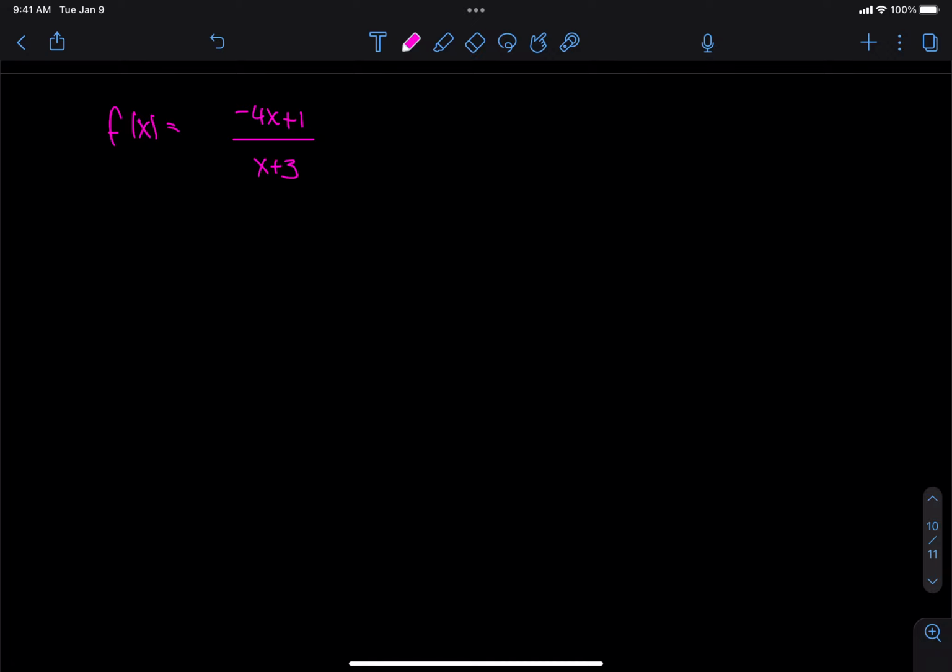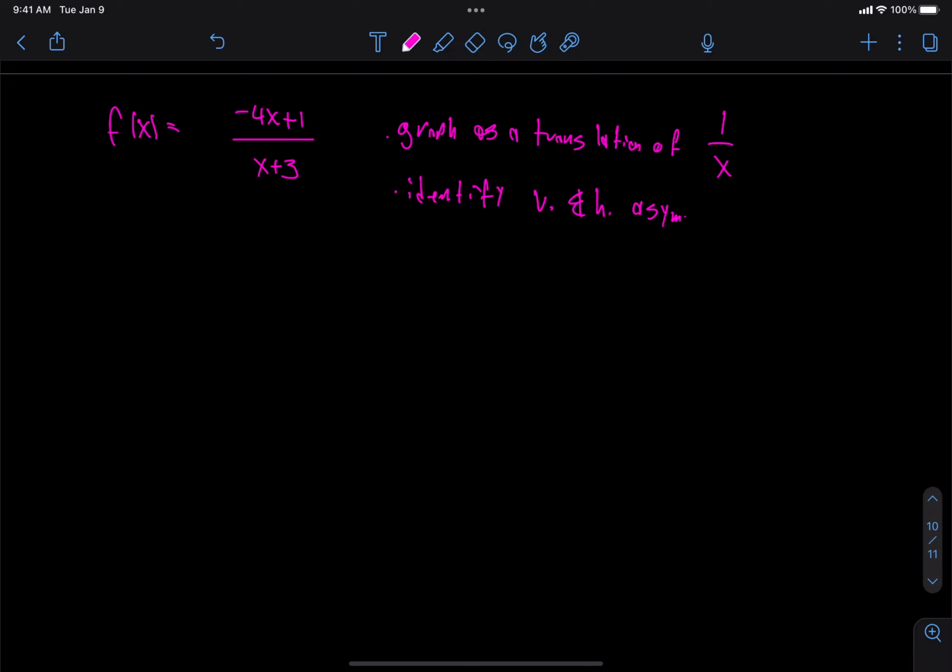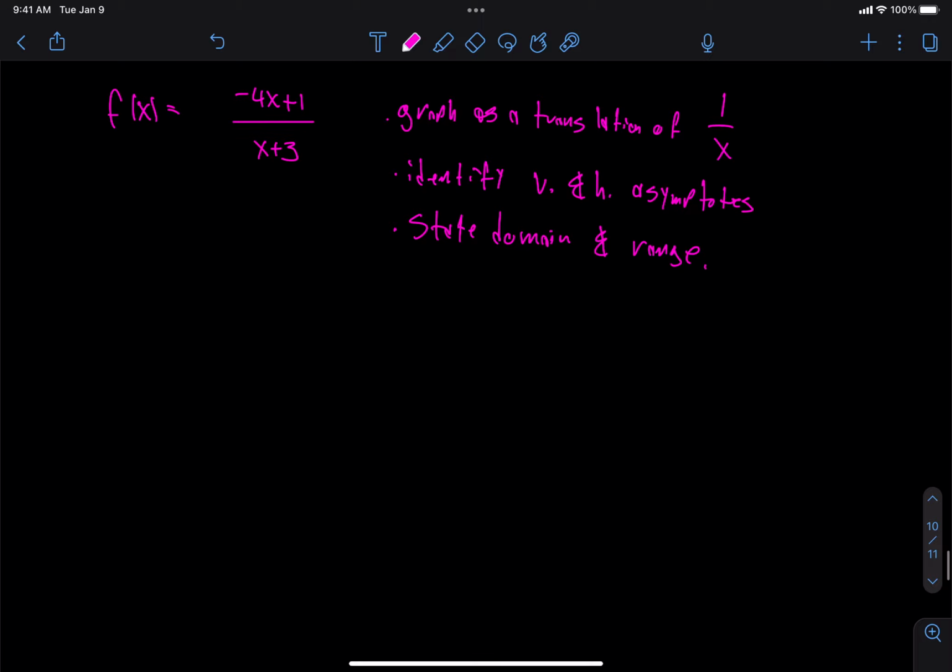And it says to graph it as a translation of 1 over x and identify vertical and horizontal asymptotes and state the domain and range. Okay, so that's the problem.